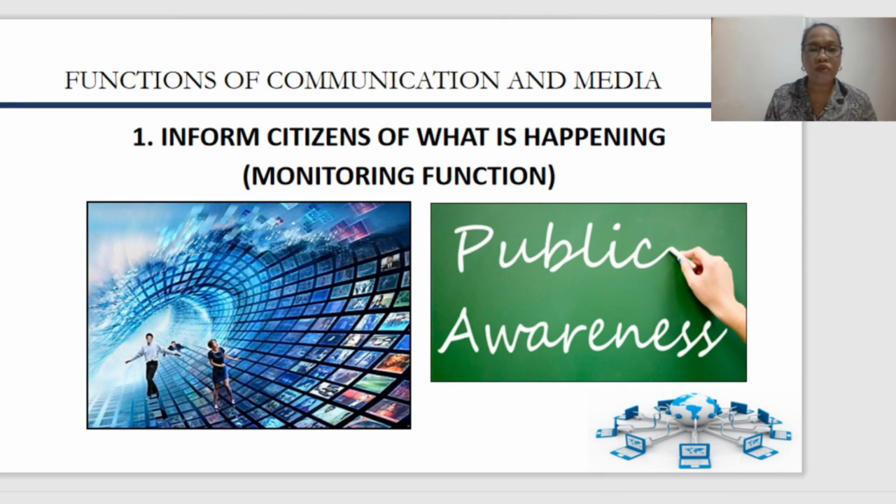Okay, so we proceed to functions of communication and media. First function is it informs citizens of what is happening. Because of communication in media, we know what is happening in our country and in other countries as well. We could hear news from televisions, from radios, and we could also read a lot of news from social media. So it gives us awareness.